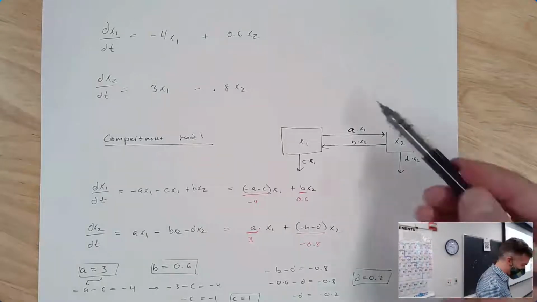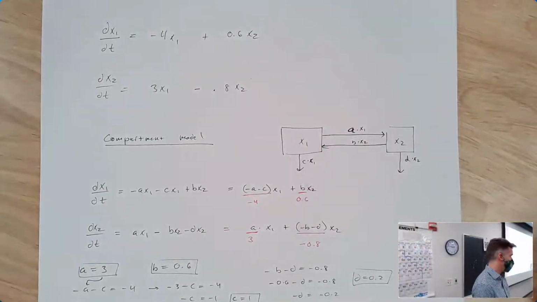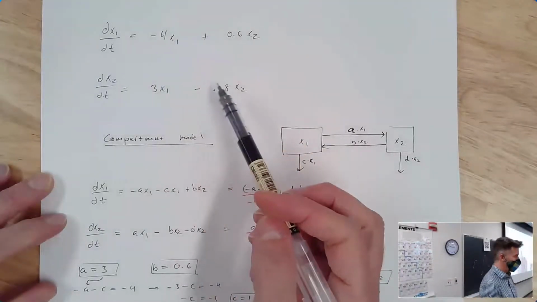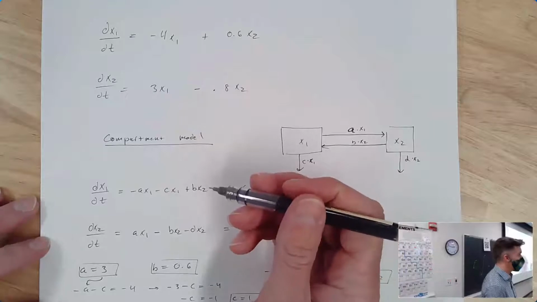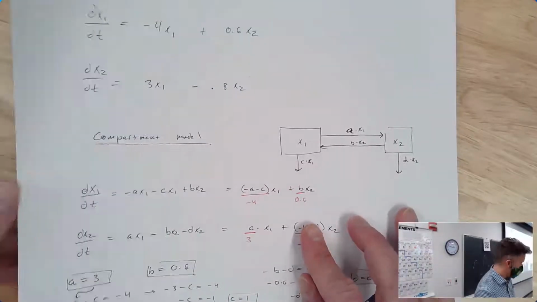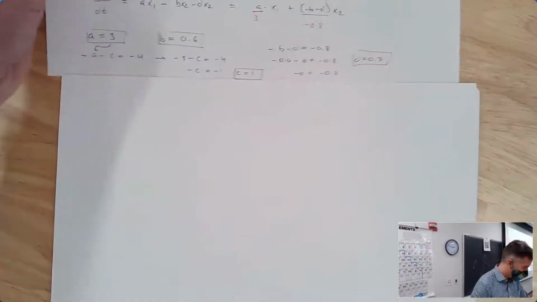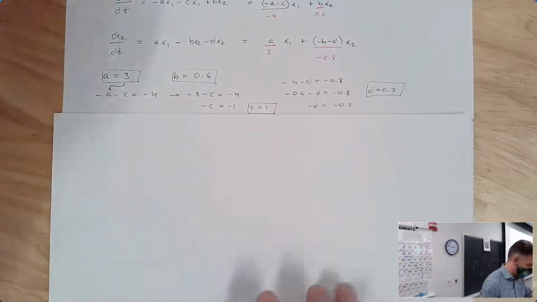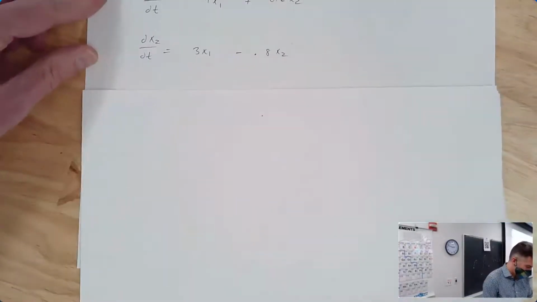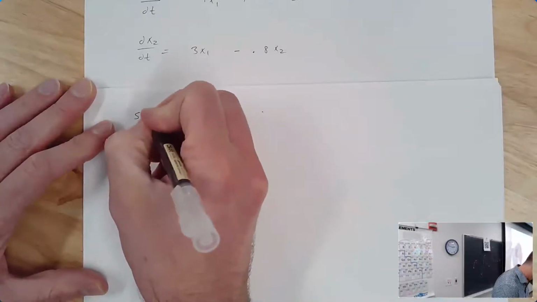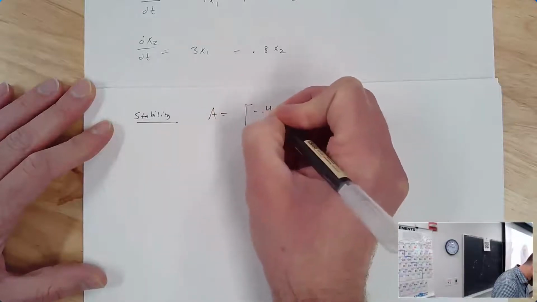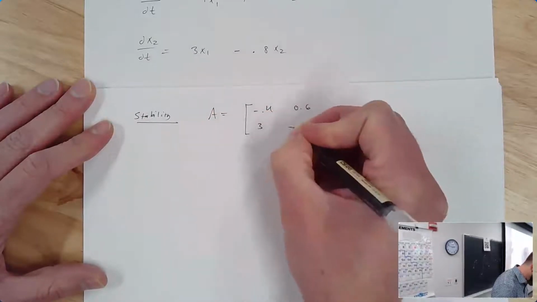If I wanted to analyze the stability of this system, usual thing, find the eigenvalues. I don't love the fact that I've got decimals here, meaning I don't really want to do that work. So if we're analyzing stability, our matrix is going to be -4, 0.6, 3, -0.8.